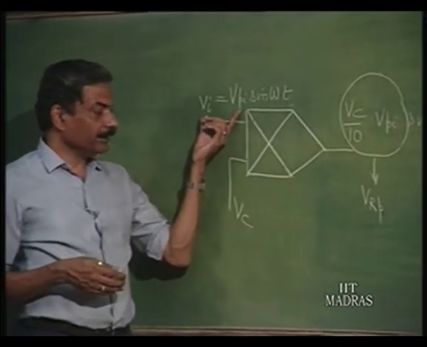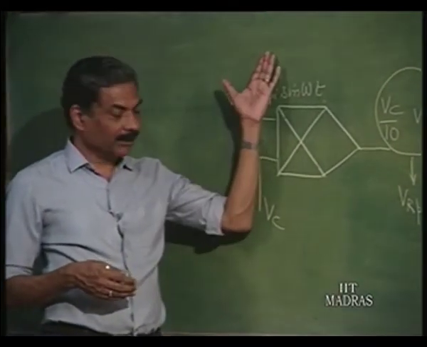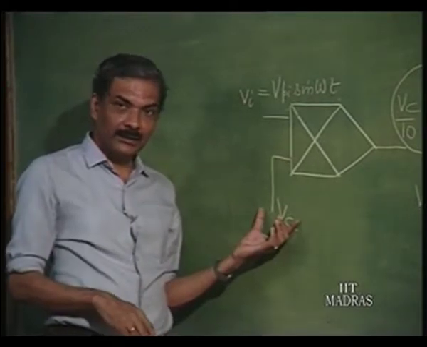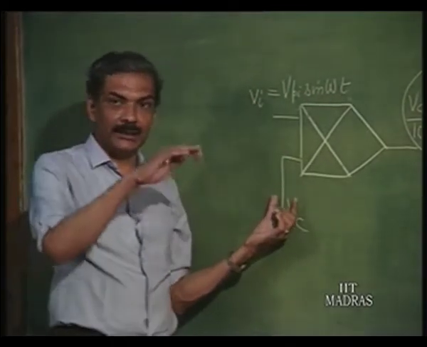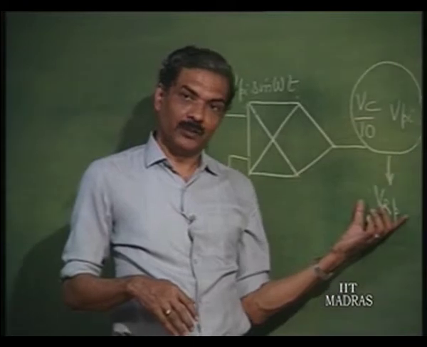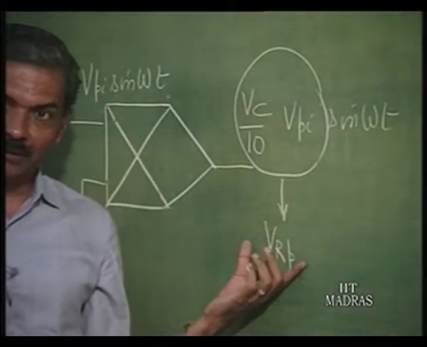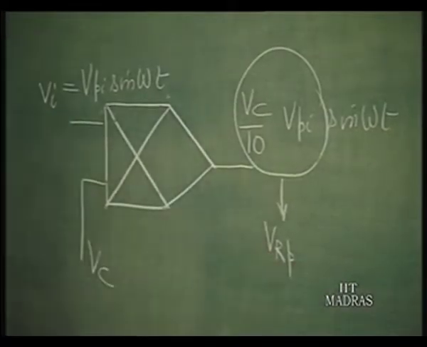So, if the input is increasing, gain is decreased. If the input is decreasing, gain is increased, so as to keep the output constant. So, this is the principle on which this is operating.